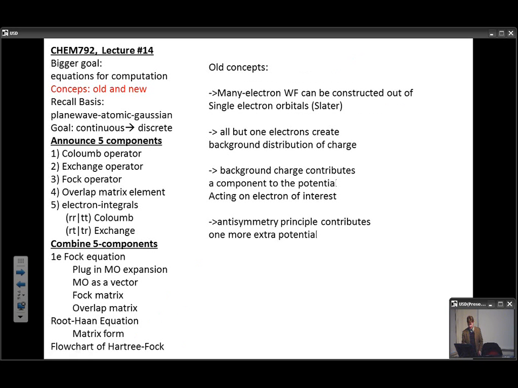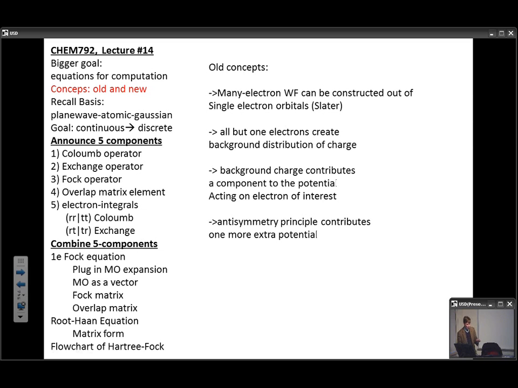So we already discussed that the many-electron wave function is composed of single-electron molecular orbitals. And the key feature of all our effort, of all the necessity to spend more than one lecture on this method, is that one builds up a one-electron problem that carries multi-electron interaction.